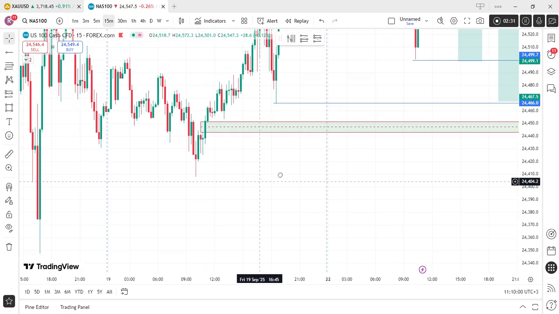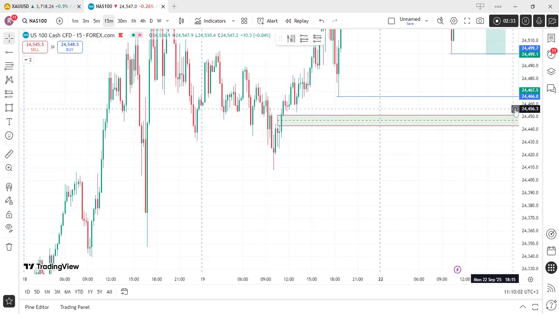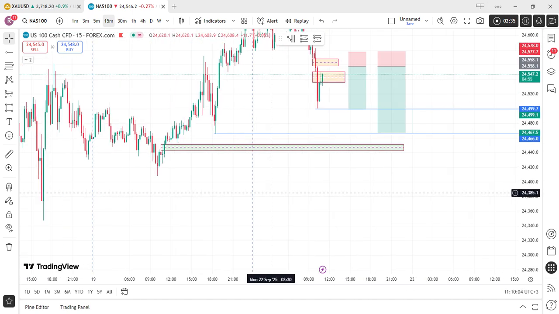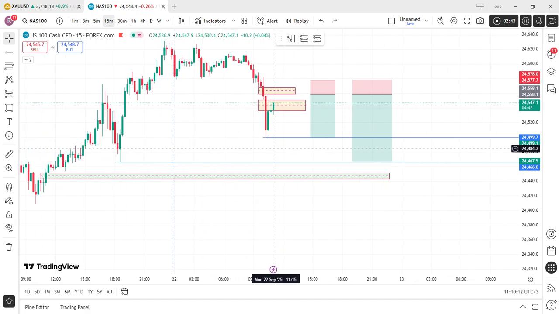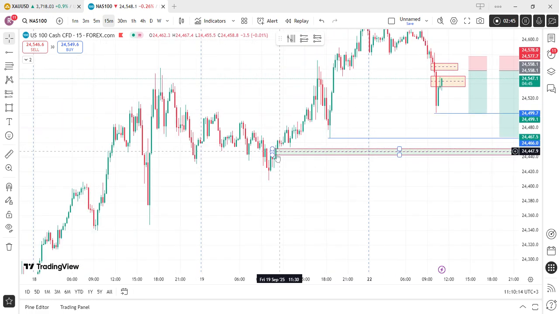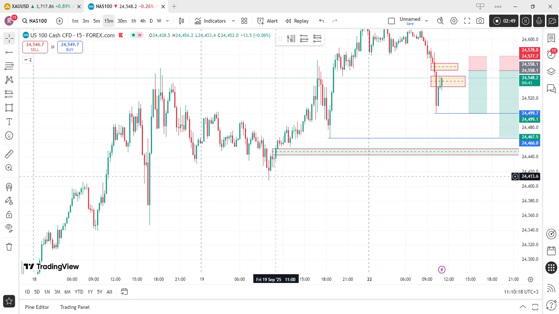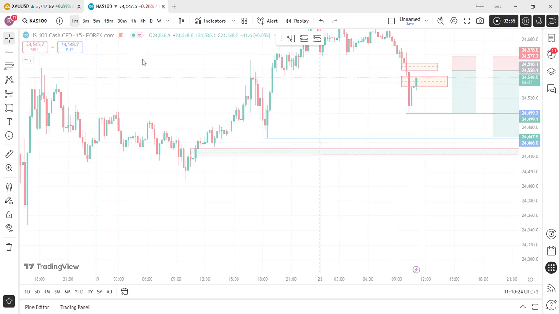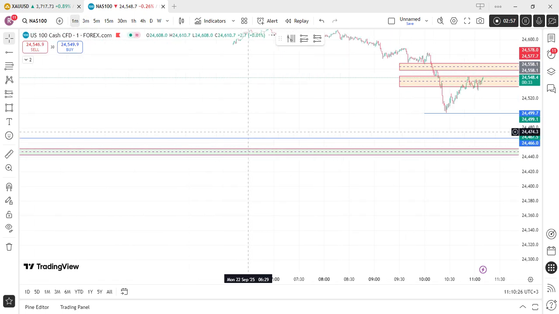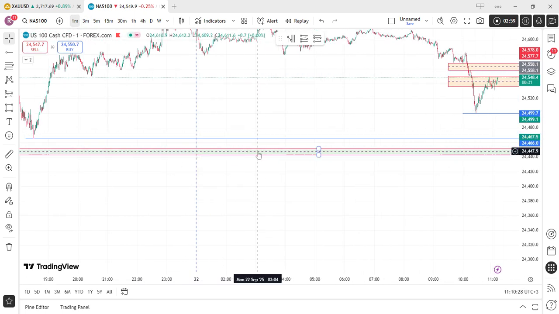So I don't really expect us to take this low, since we're still bullish. The reason why I'm selling Nasdaq is because this is just a correctional move of price going to tap into liquidities below here. So I don't really expect us to take this liquidity point, but as it stands, once price reaches here, we're gonna be going into 3 minutes or maybe 1 minute to check price action once it's down there.